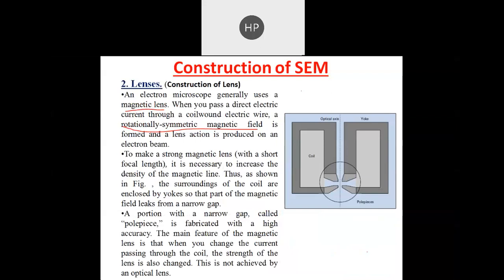To make a strong magnetic lens with a short focal length, it is necessary to increase the density of the magnetic lines. Okay, so how can we make a strong magnetic lens? With increasing the density of the magnetic lines.